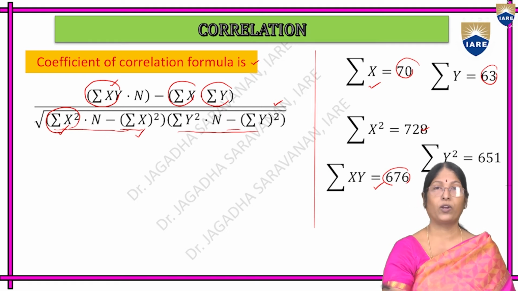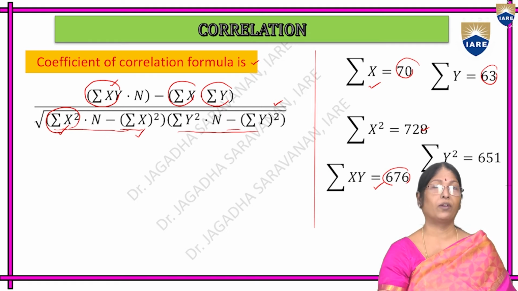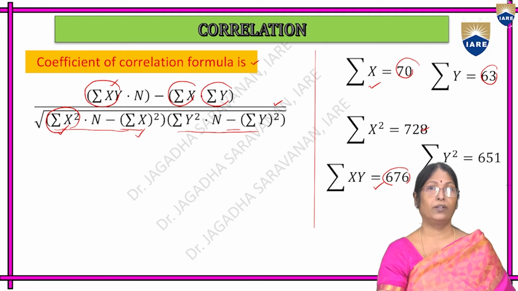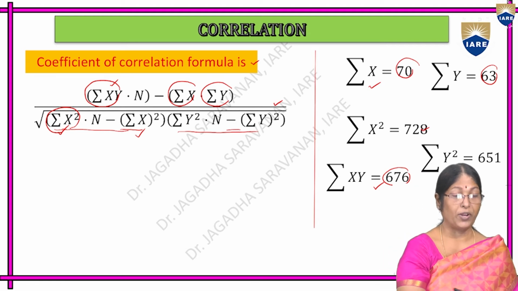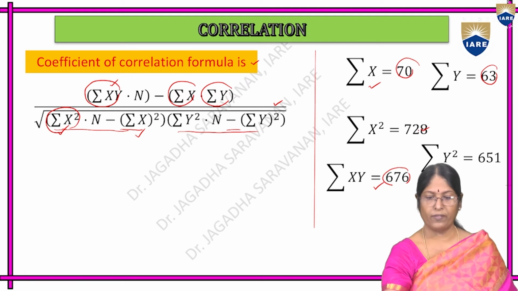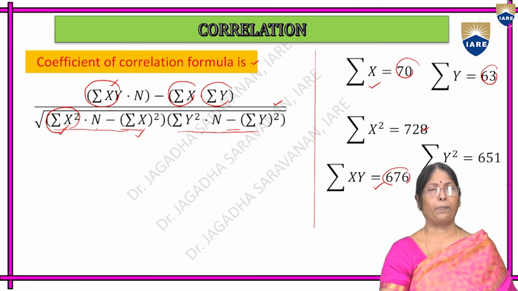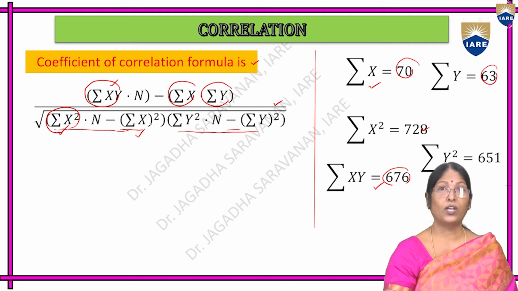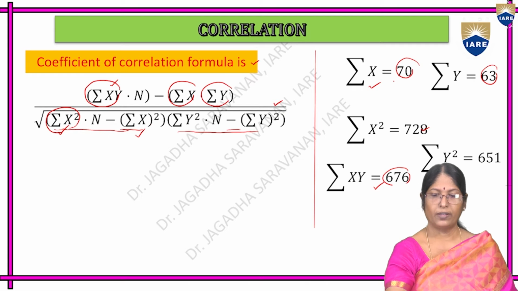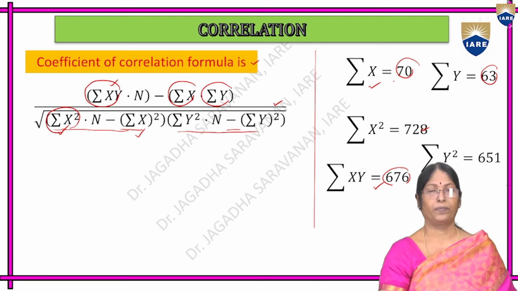So while substituting the values also, we have to take a little care and attention. Here summation x square, here 728 into n. The capital N is the number of paired data. So summation x the whole square, here 70 square.